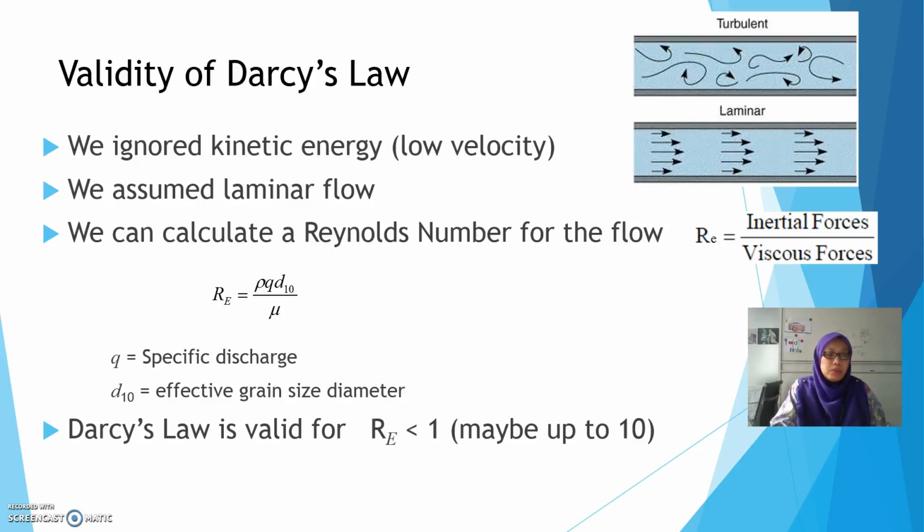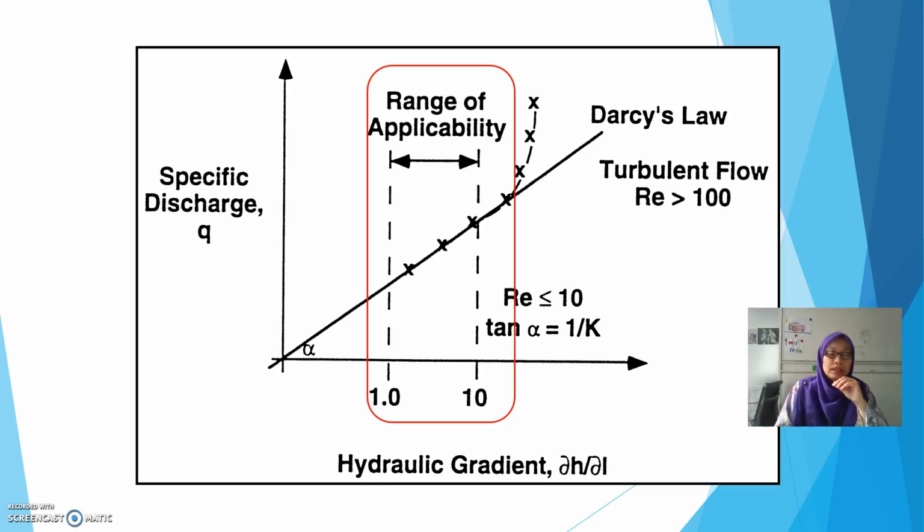With this, we can say that Darcy's law is only valid for Reynolds number less than 1, or maybe we can use up to 10. So the range is Reynolds numbers 1 to 10. This is the graph showing specific discharge Q, which is how much discharge has been going through from the input to output, and the hydraulic gradient.